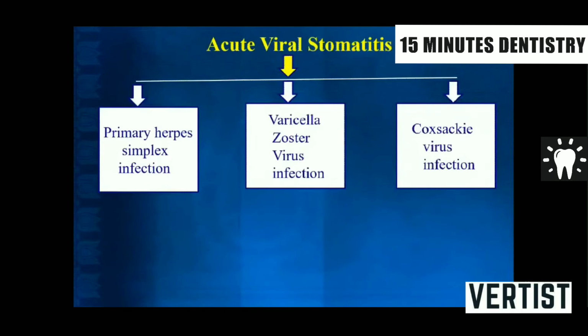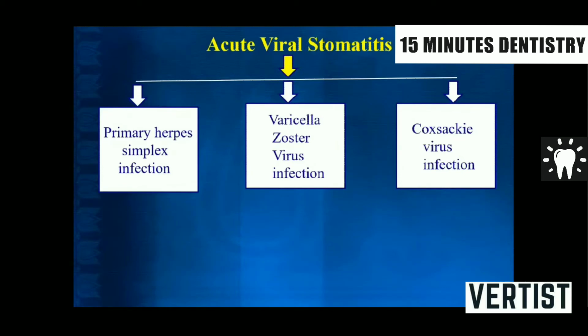Coming to the first and most frequently asked lesion, acute viral stomatitis. Stomatitis is inflammation of the mouth, and here it is caused by a virus, which is acute in presentation. If you remember and understand the meaning of the title, you will be able to write the clinical features.